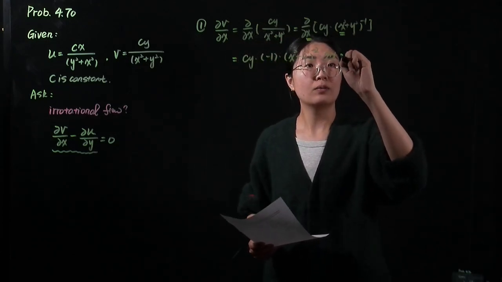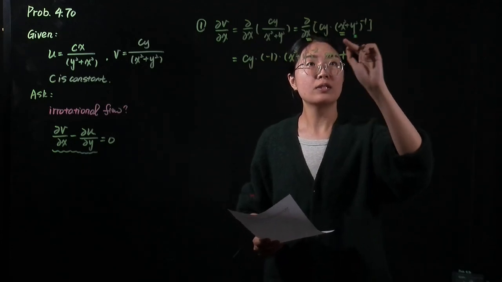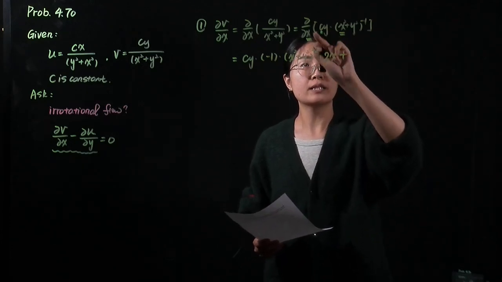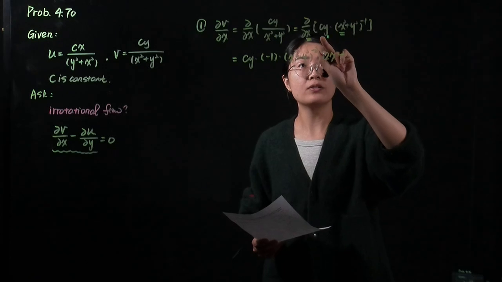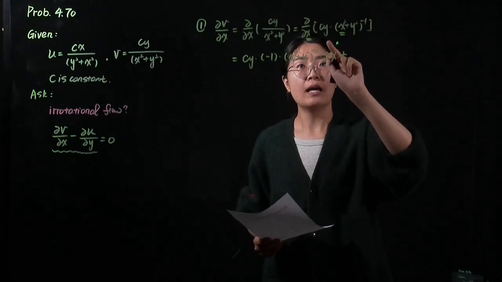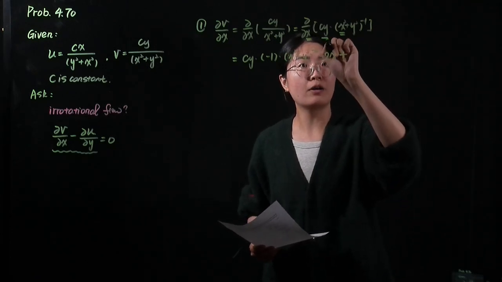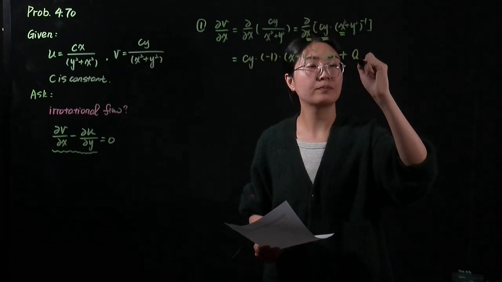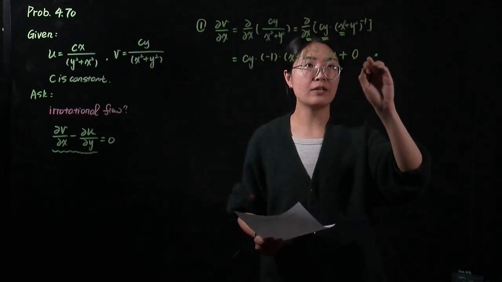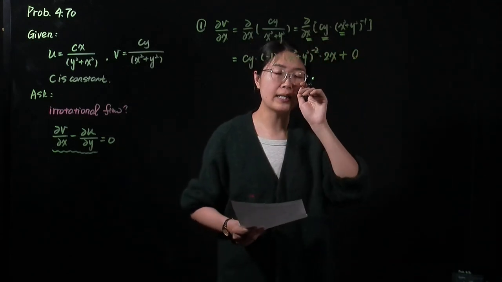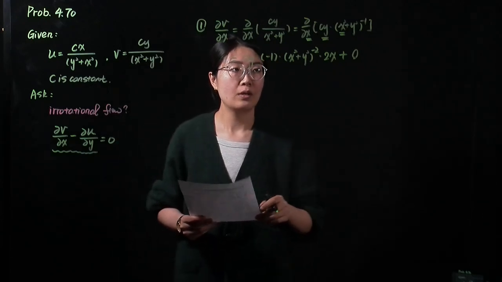Then we add the derivative of cy, but because c is a constant and y is held fixed, this part equals 0. Zero times anything is 0.